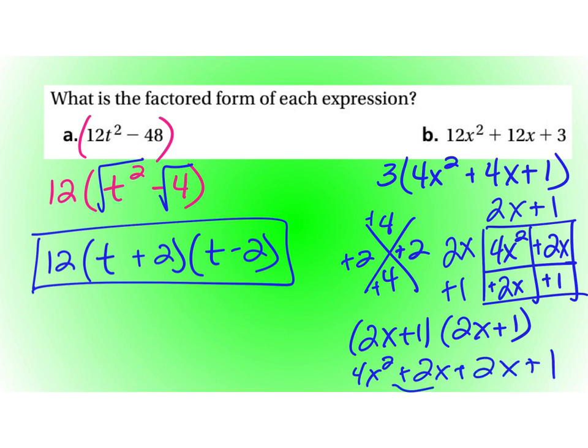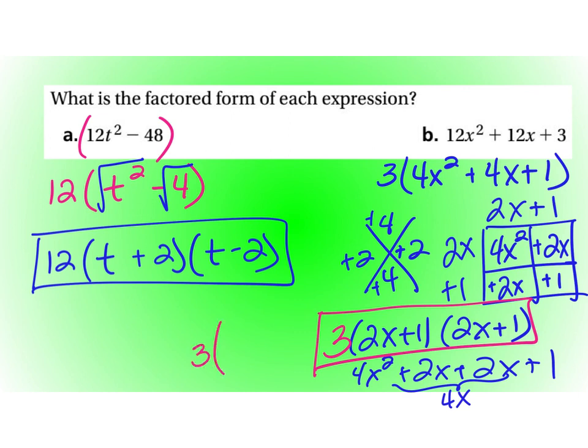So when I combine my two middle terms, I get that 4x that I'm looking for. So then we would have a situation like so, where we would have the 3 hanging out front as well. So we could also write it this way, 3 times 2x plus 1 squared.